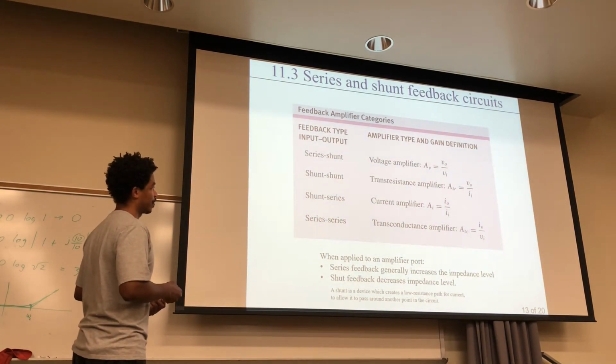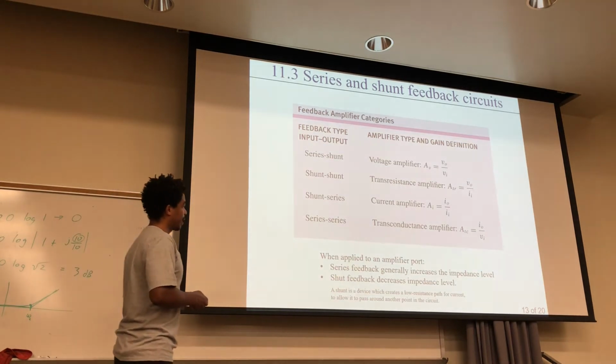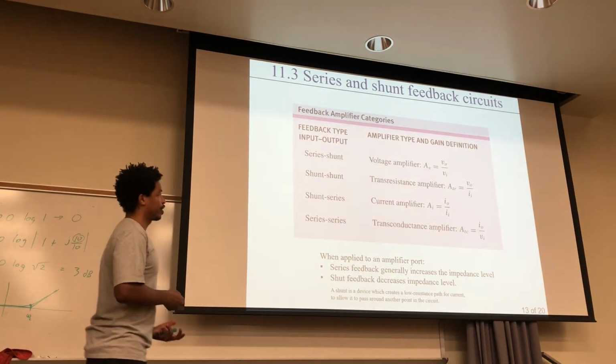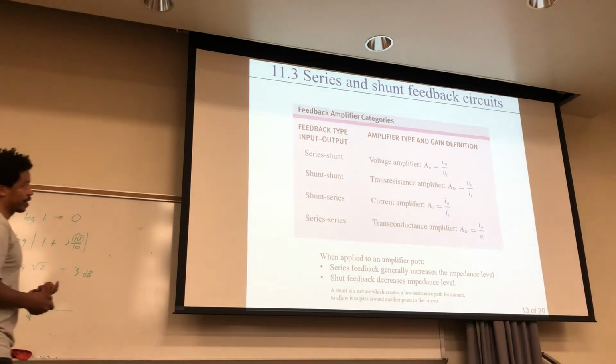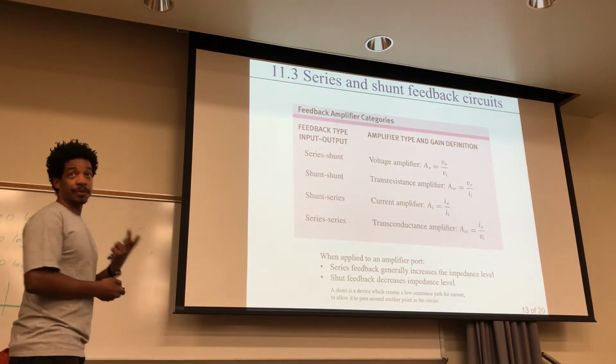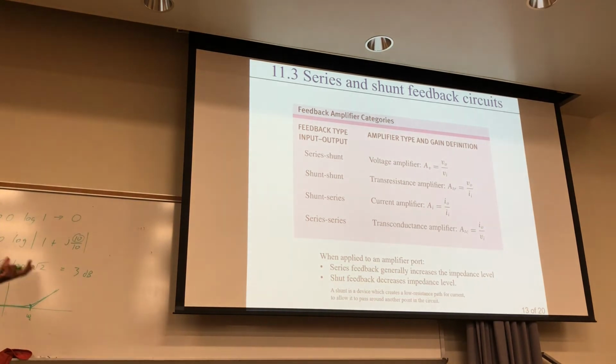Basically, a shunt is a device which creates a low resistance path for current to allow it to pass around another point in a circuit. So that's why, if you need to decrease impedance level for certain reasons. It really depends on your application. Sometimes you want a high impedance level as input, sometimes you want low.